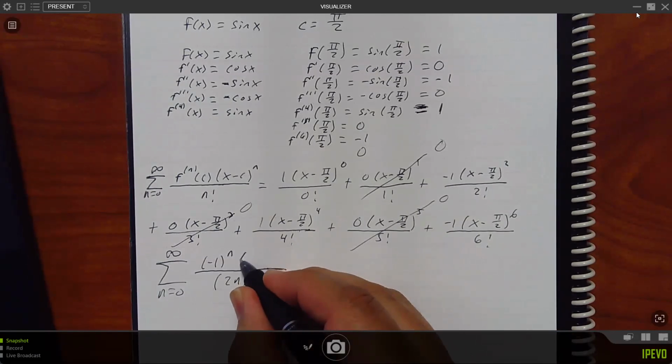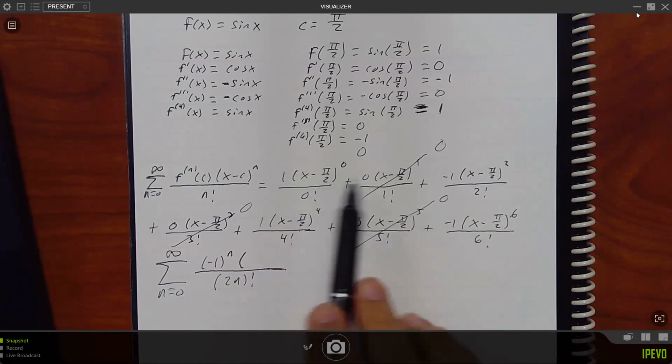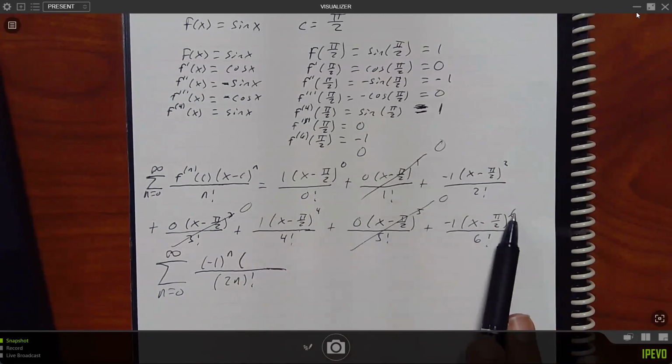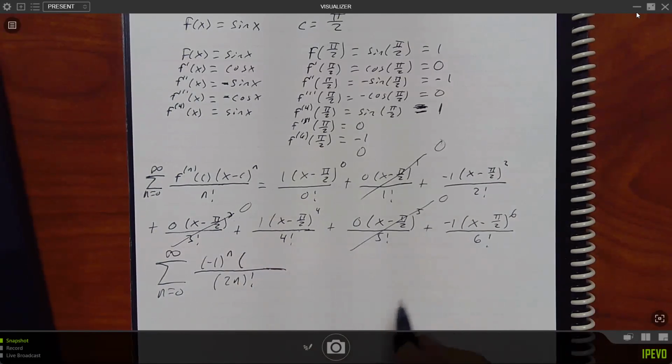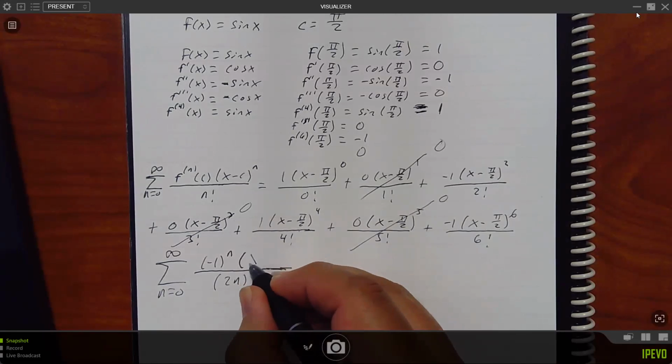Now, how do I deal with this? I don't want the ones, right? I want 0, 2, 4, 6. So same type of deal. So how do I write this last piece? X minus pi over 2 to the 2n power.